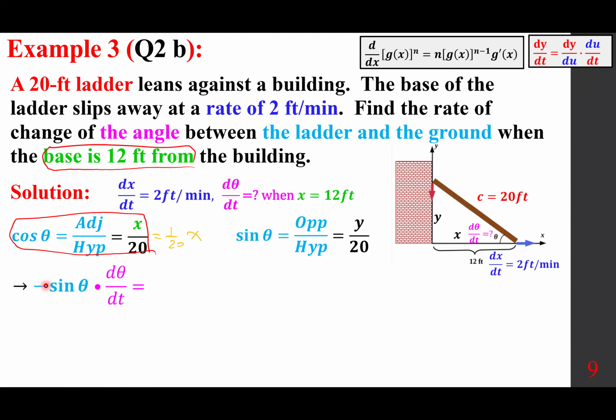So it is 1 over 20 times, now x differentiation gives you dx dt. And minus sine theta is minus y over 20, d theta dt is missing, 1 over 20 dx dt.